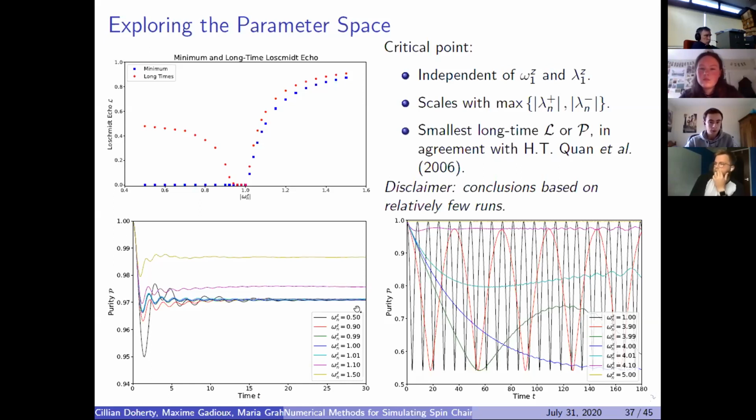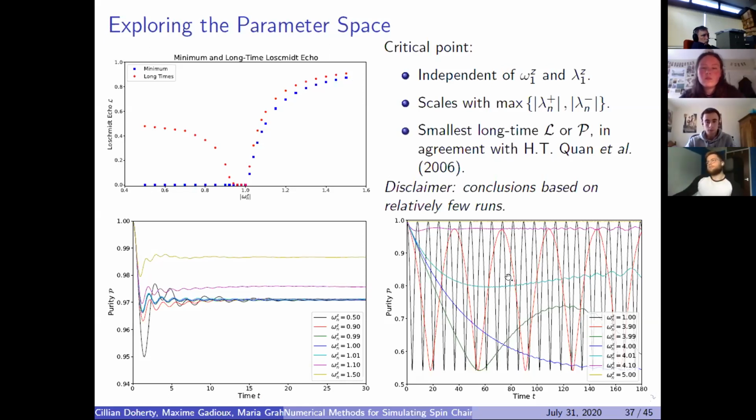It's kind of hard to see here, but the long time purity is about the same up until 1, and then as soon as omega nz increases beyond 1, this starts to rise. So we would have a similar plot here, except for the minimum. The minimum is more continuous here, but we still have this critical point characterized by the long time Loschmidt echo.